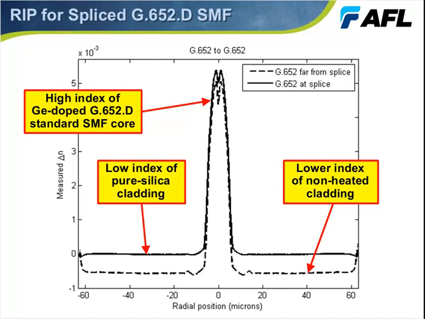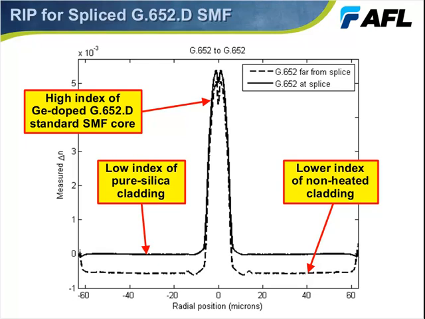I won't discuss this too much, but essentially, when we heat the fiber, the refractive index changes a little bit. And the reason for that is when the fiber is created in the manufacturing process, when it's drawn, there are some residual stresses in the glass. When we heat the fiber, those stresses are relaxed, and so the refractive index changes slightly.